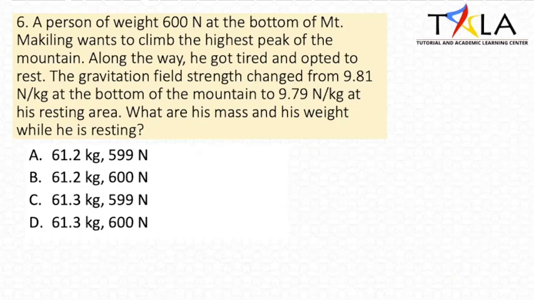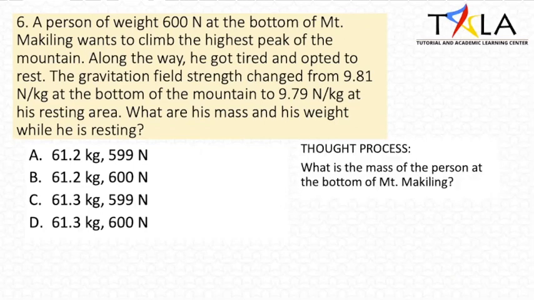Now, the question is, what are his mass and his weight while he is resting? So first thing we need to do here is to determine what is the mass of the person at the bottom of Mount Makiling. Take note natin na what are the given values that we have that can give us the mass of a person. This is weight, 600 Newton. Diba, ano ba ang unit ng mass? The unit of mass is not Newton, definitely.